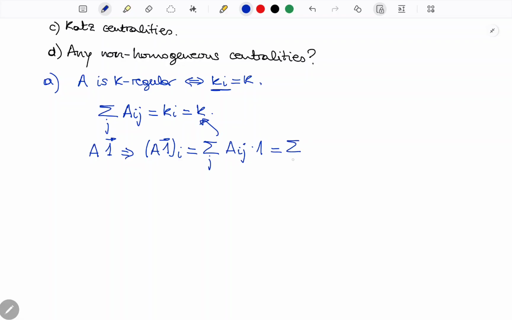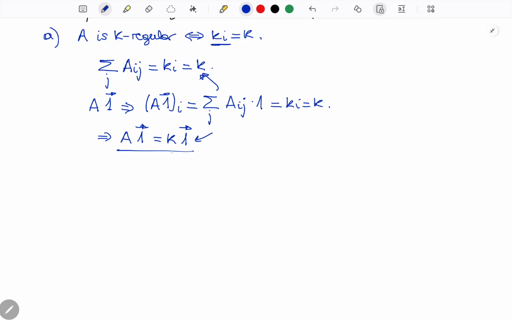So this is equal to ki, which is equal to k. Since this is the same for every row, what we have is that A times 1 is equal to k times 1. So we have that 1 is an eigenvector, and the eigenvalue associated to this eigenvector is k. Okay, and that's it.